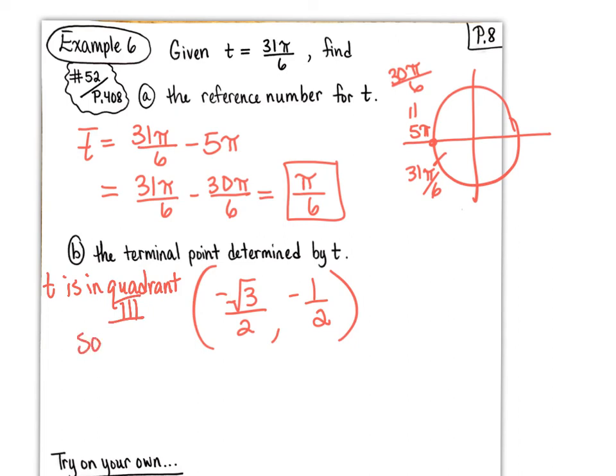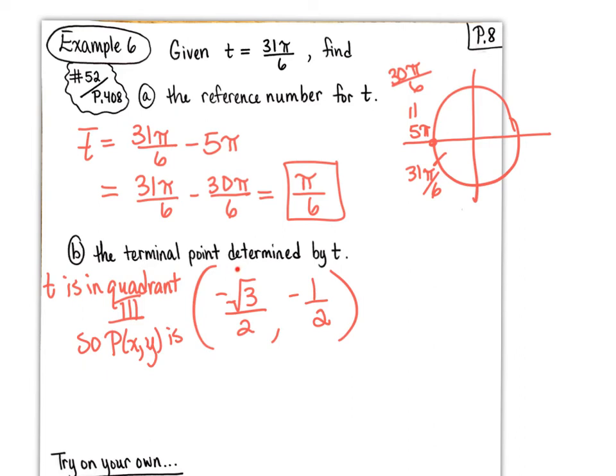So the terminal point P of xy is the point negative square root 3 over 2, comma negative 1/2. So remember, you found your reference number for T. We know that the coordinates for pi over 6 are square root 3 over 2, comma 1/2.